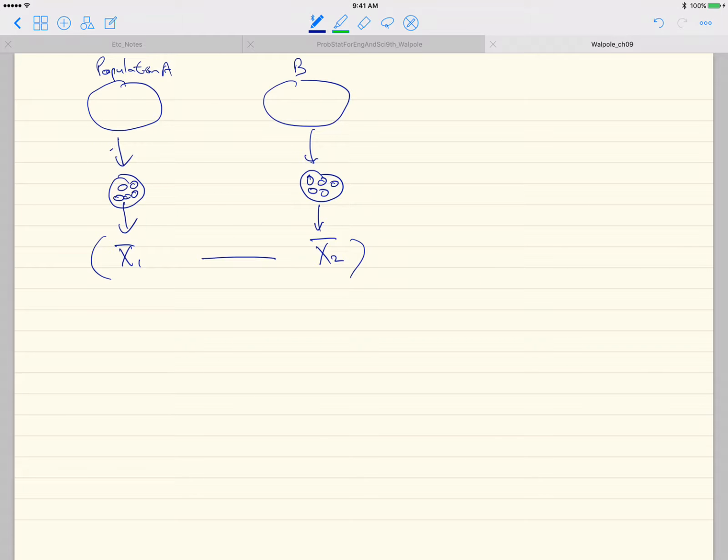But in the case of paired observation, we actually obtain a pair of samples from each of these populations. So let's represent it as a circle, and a triangle for the samples obtained from B, and then we consider this pair as one instance of our samples.